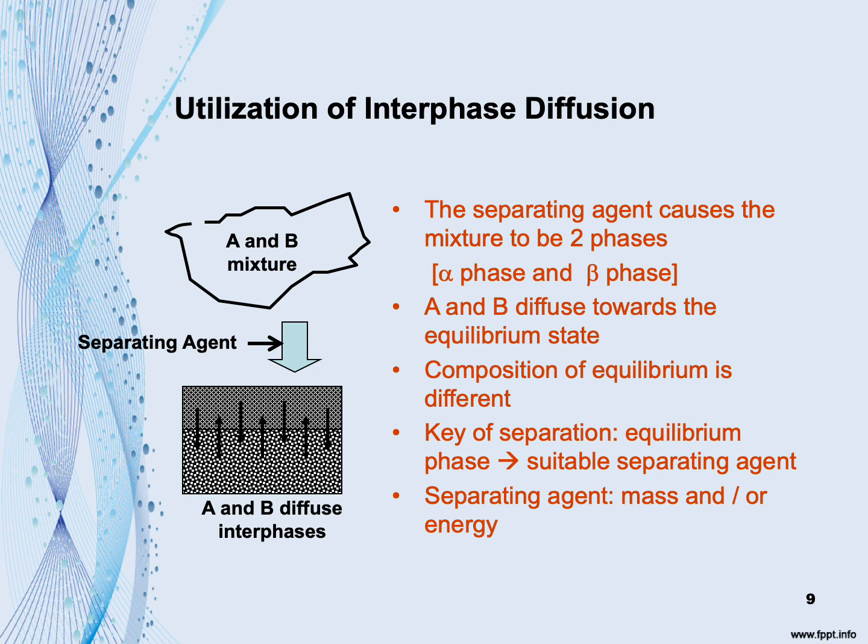A and B will diffuse towards the equilibrium state, and the compositions at equilibrium would be different. So the key to separation in this case is the equilibrium phases and also a suitable separating agent. The separating agent can be mass, or another phase, or it can also be energy.